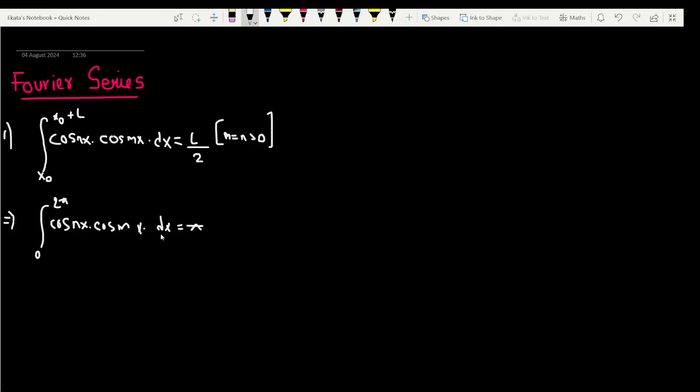So this is the integral, it means we have to prove that the integral of cos nx times cos mx from 0 to 2 pi is equal to pi. So let's start our integral.